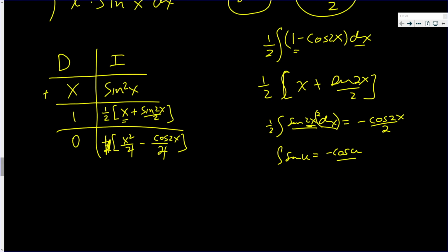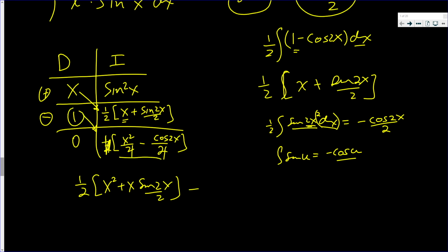It is plus that product minus that product. So it's 1/2 times x squared over 2 plus x sine 2x over 2. I distributed the x. Minus, well, 1 times this is just this: x squared over 4, minus cosine 2x over 4.